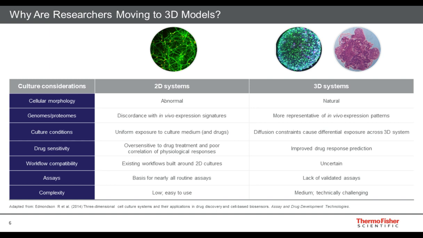What I mean by that is, traditional 2D monolayer cultures, although they are incredibly helpful and have been very informative over a very long period of time and will continue to be so into the future, are somewhat overly simplistic and have less than natural cell-cell interactions, and this leads to changes in cellular physiology that may not represent what a particular cell behavior actually looks like in an in vivo setting.